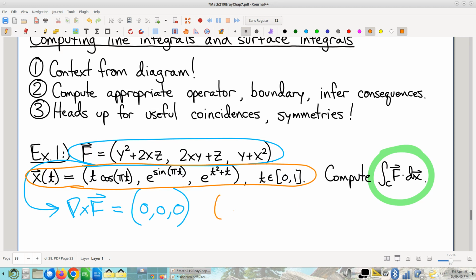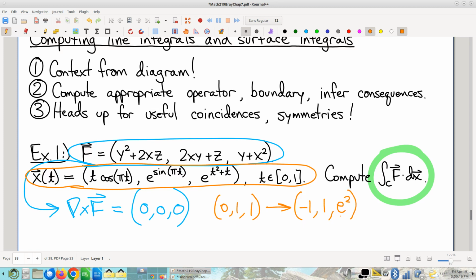Plugging in t equals 0, I get 0, 1, 1. And now plugging in t equals 1, I get, let's see here, cosine of pi is, okay, so minus 1, 1, and e squared.